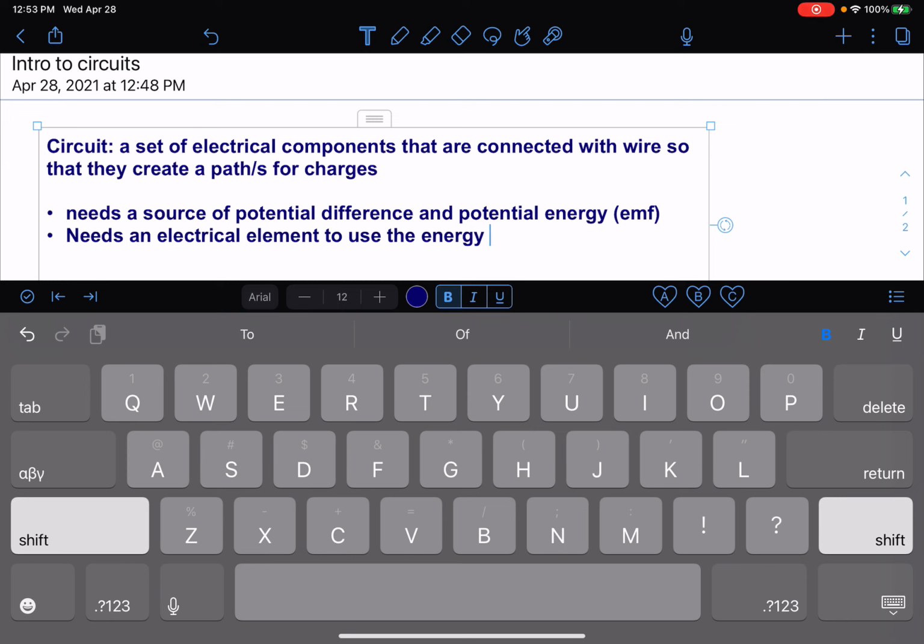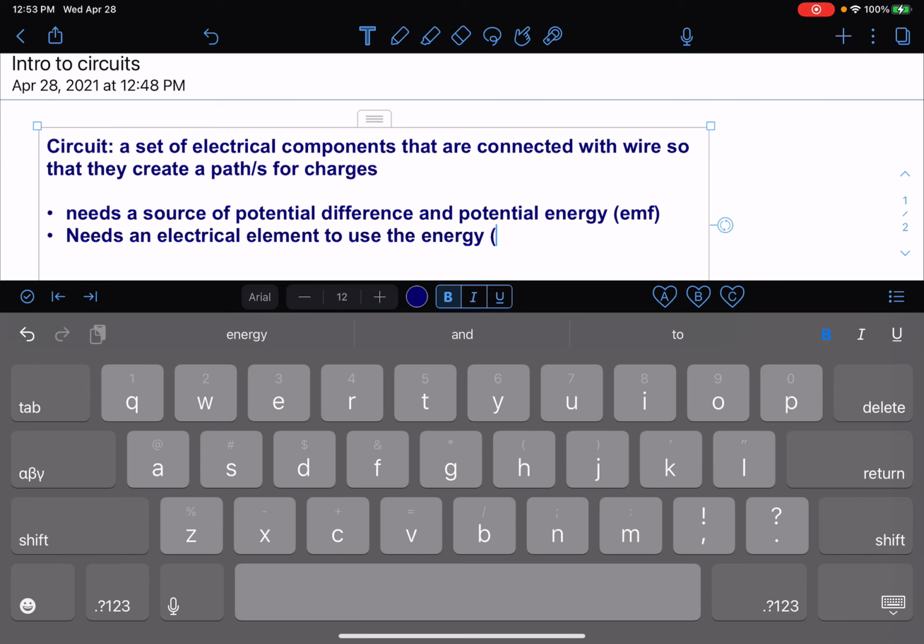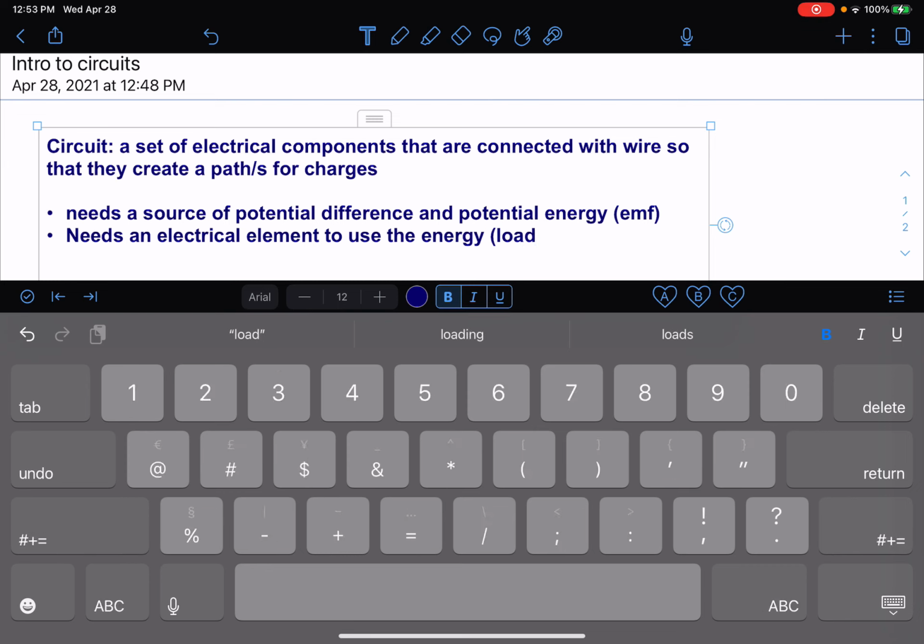And this is sometimes called a load. As long as your circuit has those two components, it's probably going to be just fine. There are different ways that you can connect circuits that are going to be different.